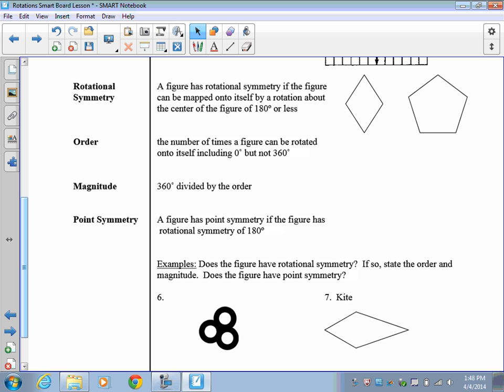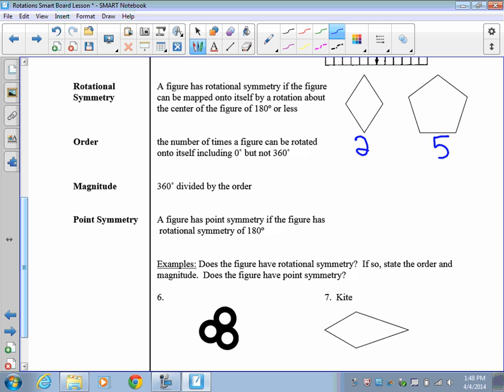So everything has an order of 1. Now, we could take these shapes and rotate them, but I'm going to tell you that they have an order of 2, sorry. So this shape here has an order of 2, this one has an order of 5.